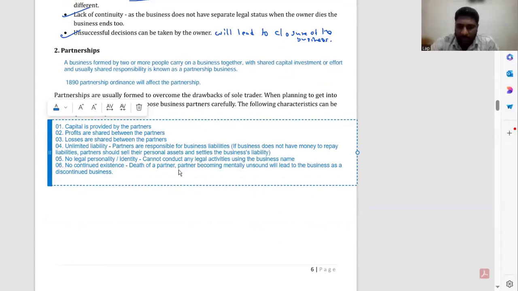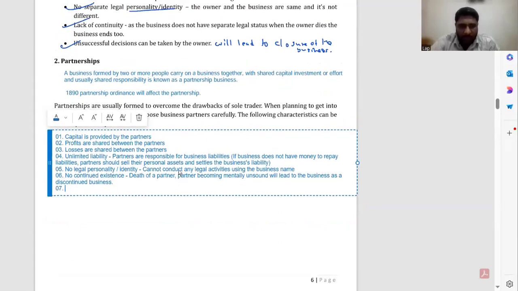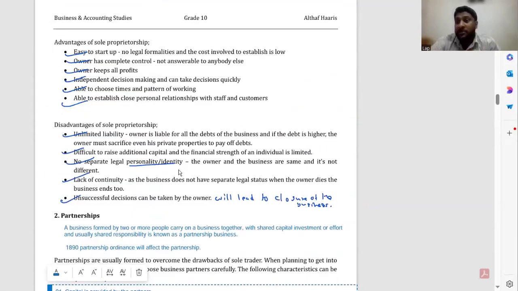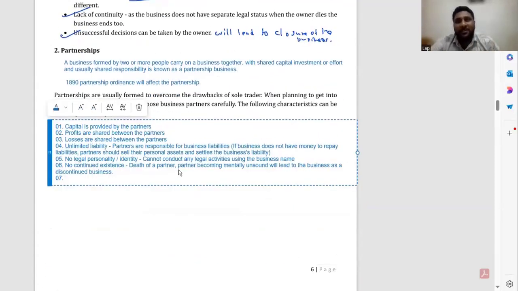And the seventh one also same. If the business name is same as all the names of the partners, you just think and see, you and two of your friends. We'll assume like this, Mahinda Rajapaksha, Namal Rajapaksha, Yoshida Rajapaksha.